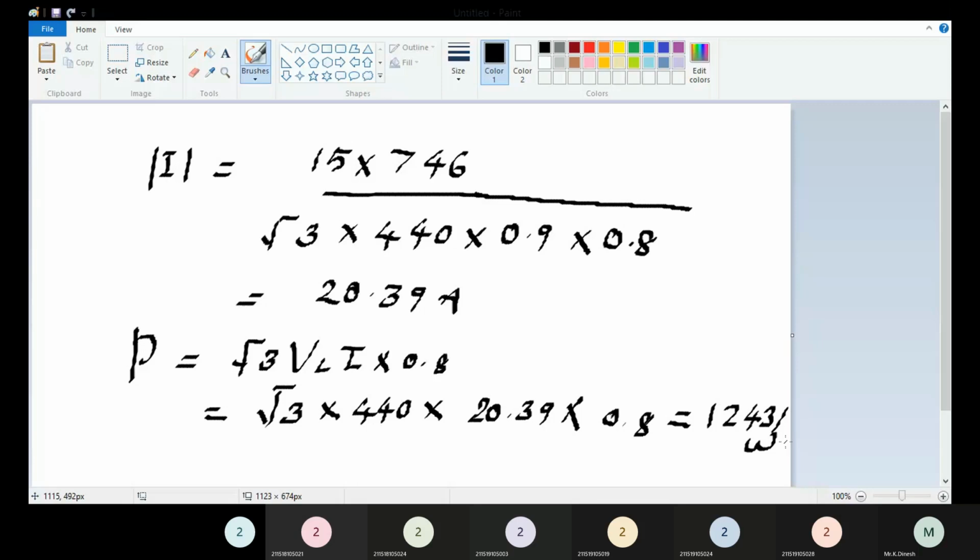Similarly, we have to find the value for reactive power. In place of cos phi, we have sin phi. How can we convert cos phi into sin phi? Take the inverse: cos inverse of 0.8 is 36.86 degrees, and sin of 36.86 degrees is 0.6.